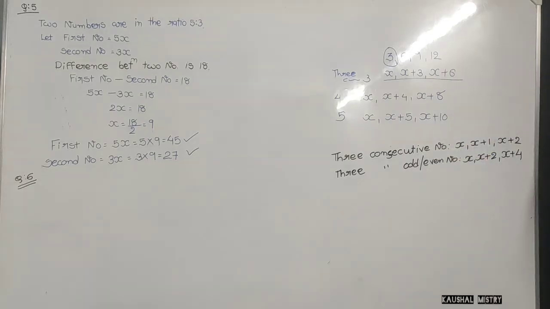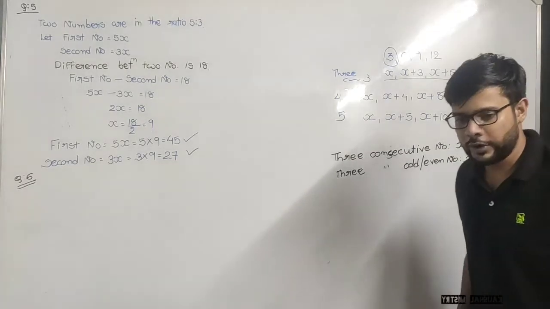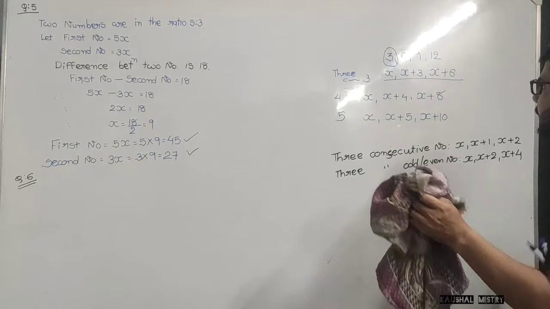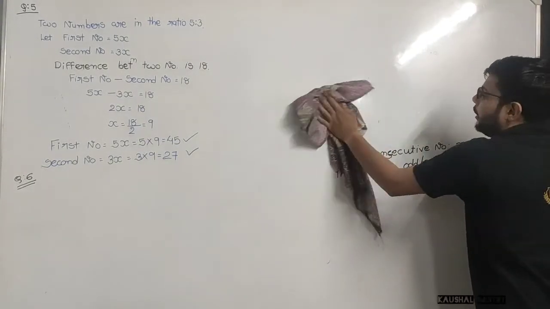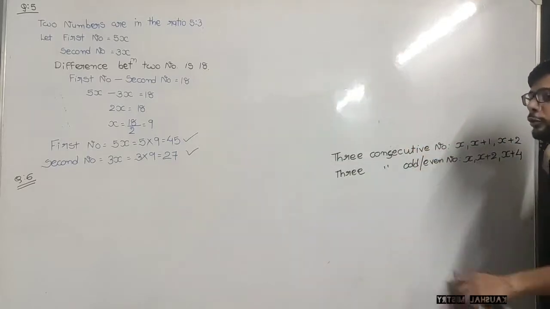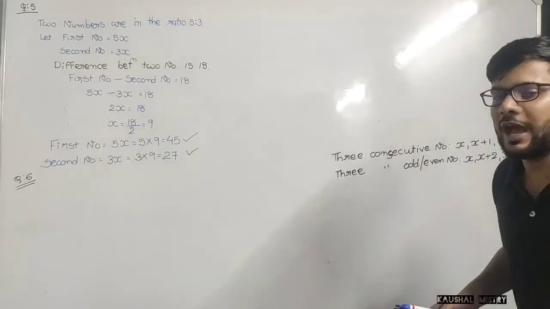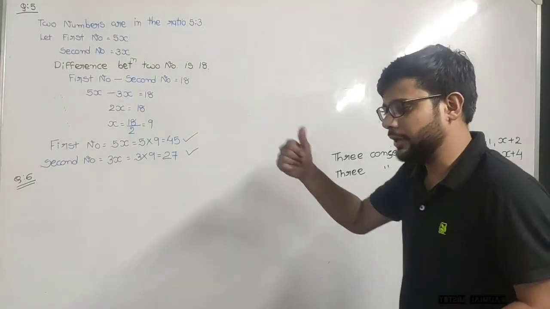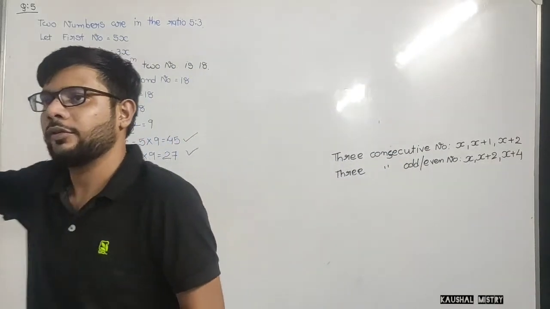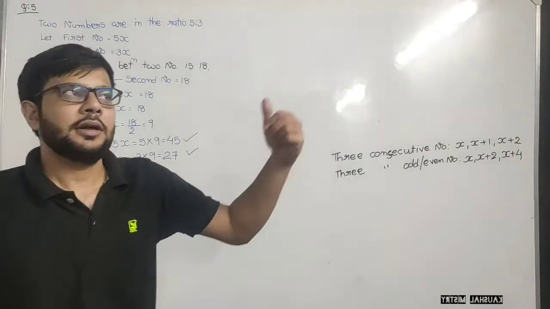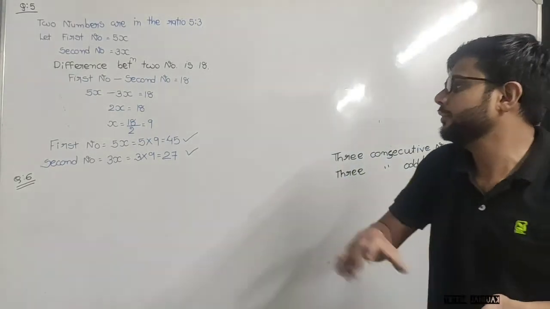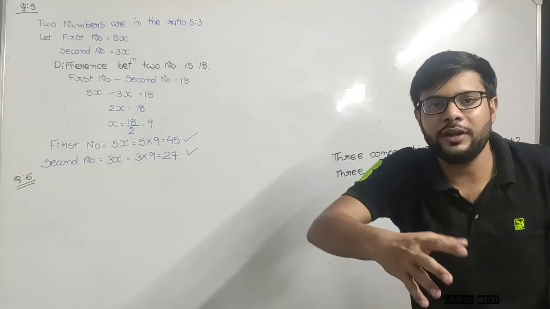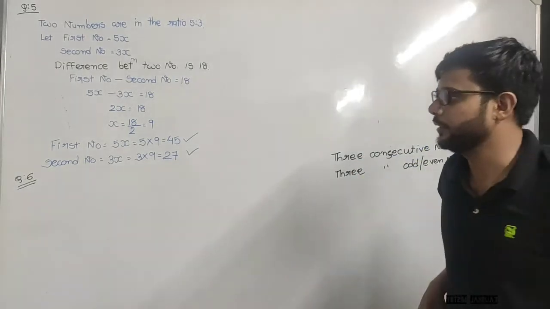This you have to remember, right? So 3 consecutive multiples of any number will be x plus, जो उसके डिफरेंस क्या आएगा, if it is 3 then x plus 3 and x plus 6, 5 x plus 5 and x plus 10. If it is 8 then x plus 8 and x plus 16, right?